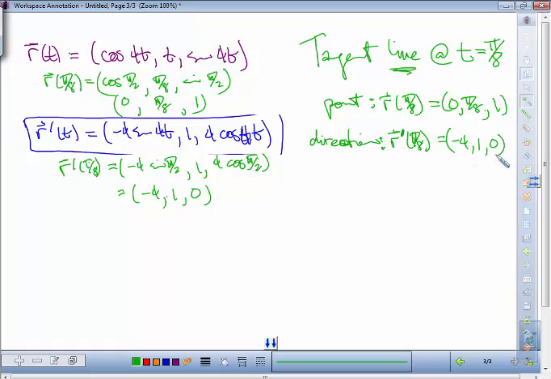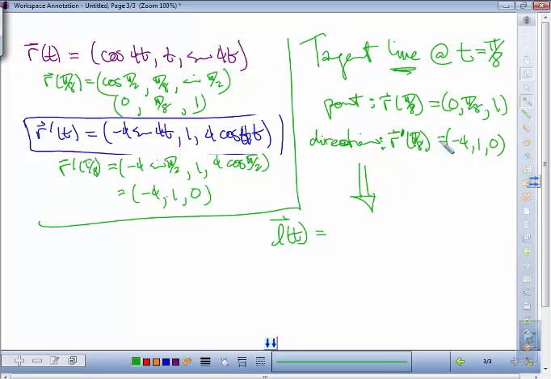Okay? So now we have a point and a direction. After that, it becomes easy. Our line, let's call it L of t, is a vector. You can literally just put in the point and the direction: 0, pi over 8, 1, plus t times negative 4, 1, and 0. That's a new t, different from this t. Some people call this s, or t1 or something else, but let's just keep it as t.